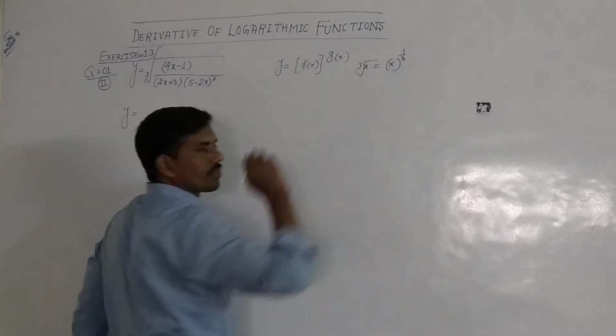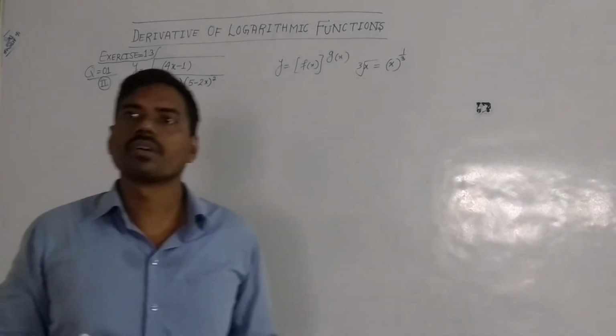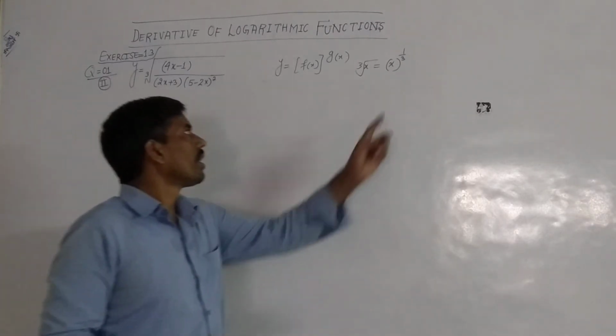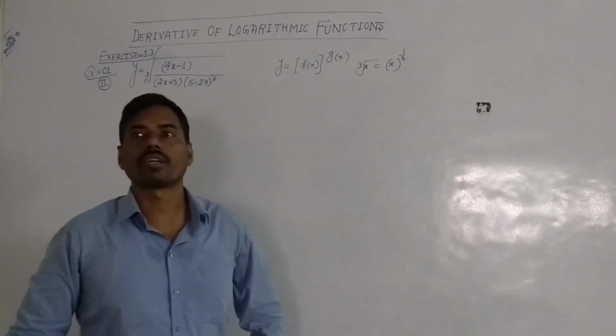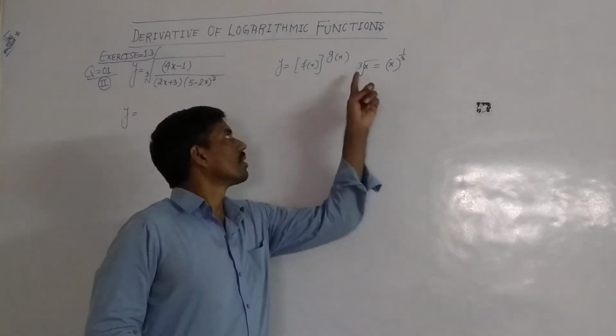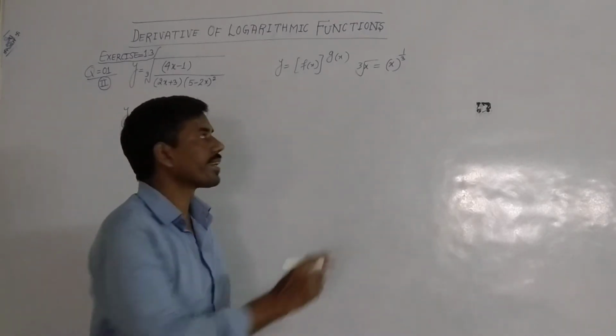Cube root of x means this one is in radical form, radicand form, and this one is our exponent, our index form.